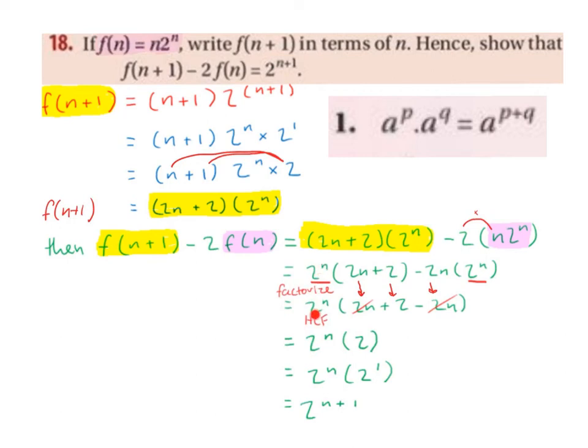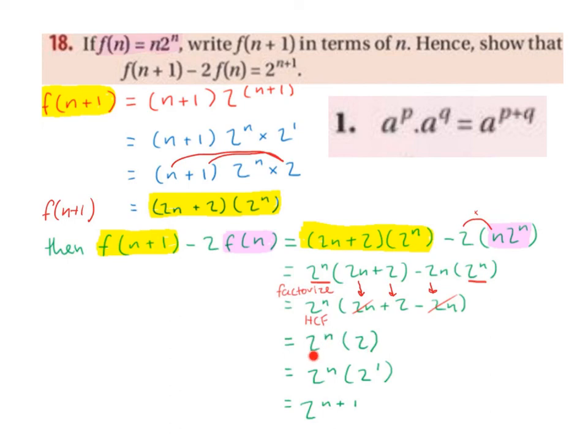So I'm going to take those out and bring them down here. I'm going to factorize, and that's my HCF, my highest common factor. And then I'm left with the 2n, the plus 2, and the minus 2n. Then I can see that the 2n minus 2n will cancel out, leaving me with just plus 2. So that's where that 2 comes from there.